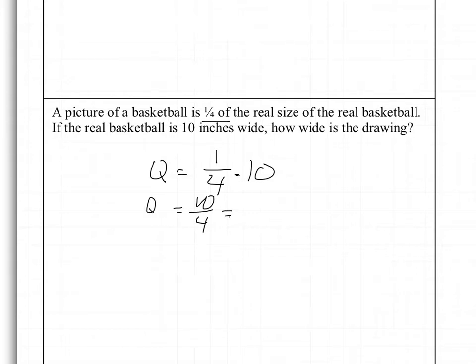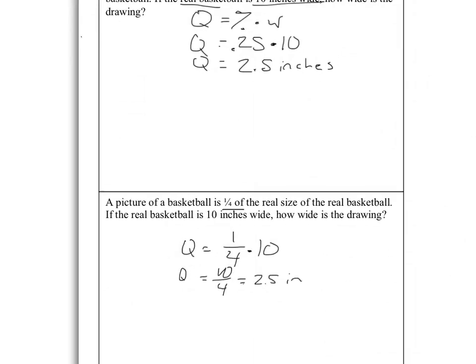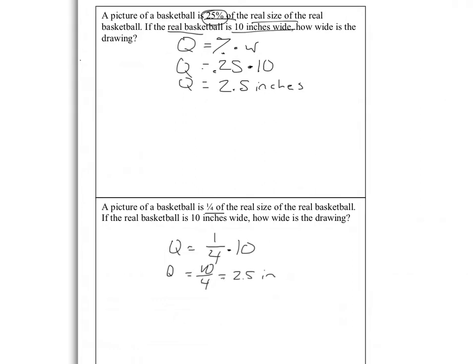And that also gives me 2.5. And that's how we learned about it before. But we can easily see that in these two problems, if we link the ideas together, this 1/4 is the same thing as this 0.25, or that 25%. So it's the same concept that we've learned before. Now we just have a different way of putting it based on percentages.